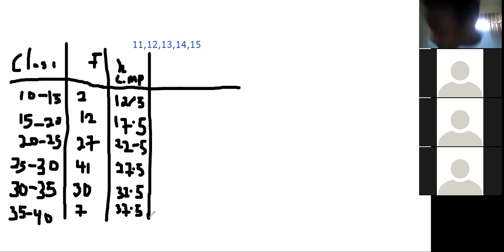So we are looking for... So let's go to our formula. What will be our formula?